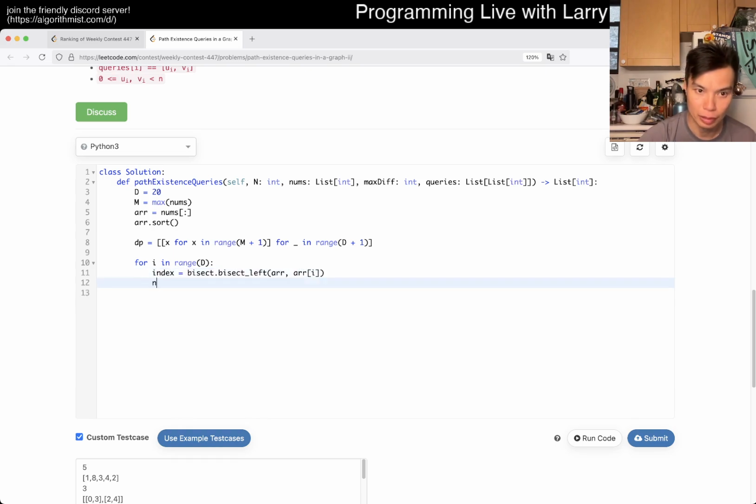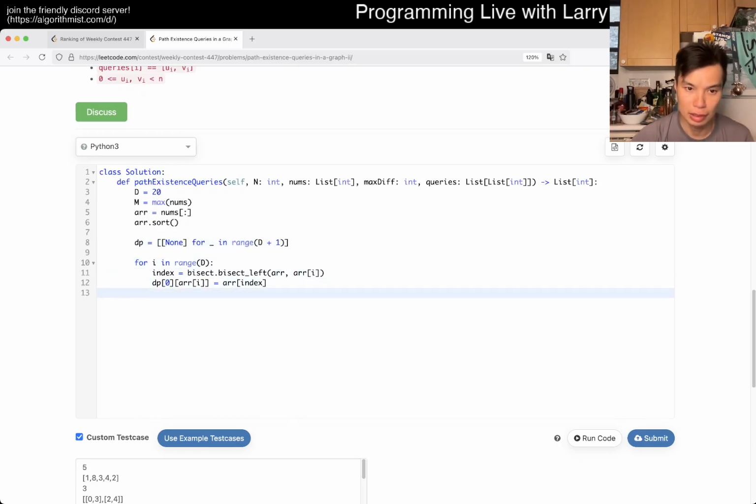And then array sub index dp sub I 0 sub I plus array sub I. Let's just say none for now, actually. And it shouldn't matter anyway.